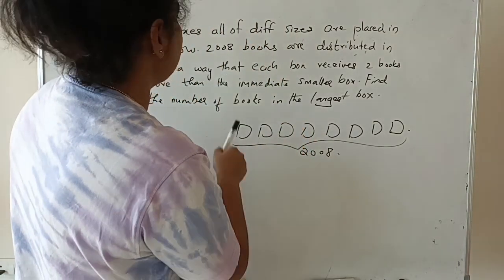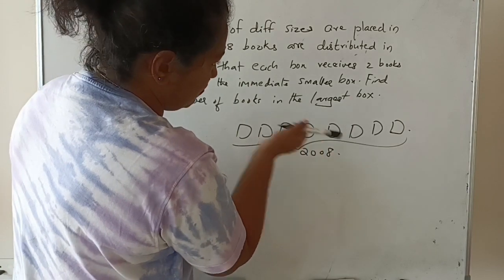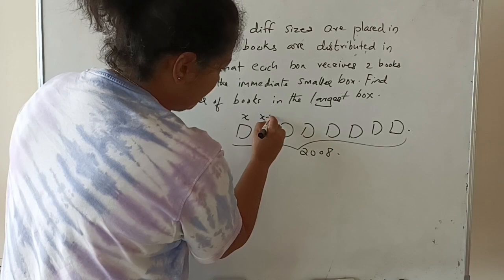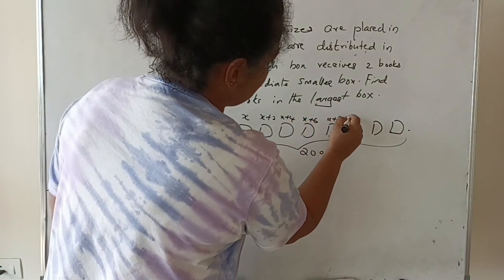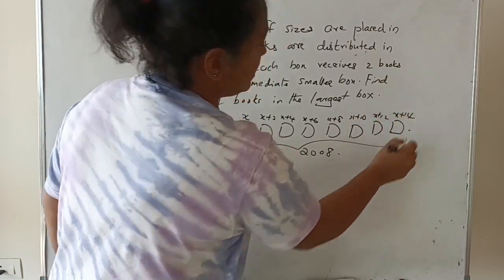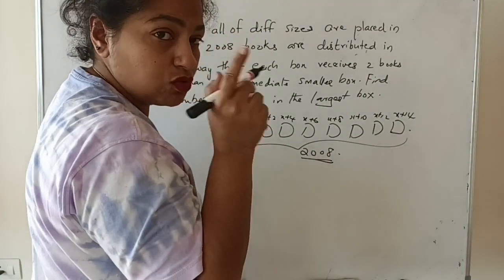It is mentioned that each box receives 2 books more than the immediate smaller box. So, if this box has got x number of books, this has got x plus 2, this has got x plus 4, x plus 6, x plus 8, x plus 10, x plus 12 and x plus 14. Now, the sum of all these books comes to 2008.